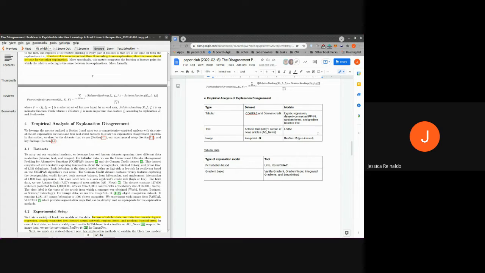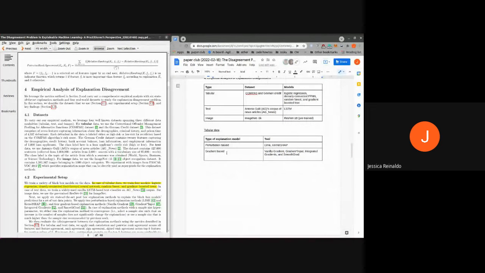They evaluated on these models: logistic regression, neural networks, random forest, and boosted trees. For the text data, they used a corpus of news articles and an LSTM. And for the image data, they used ImageNet with 1,000 classes and a retrained ResNet.